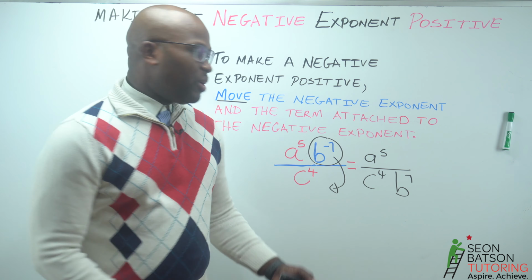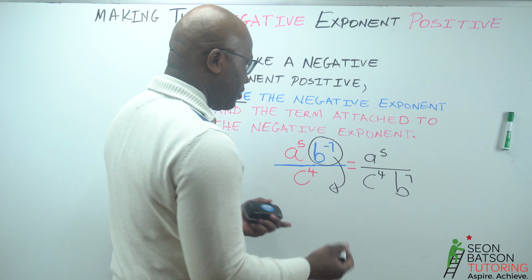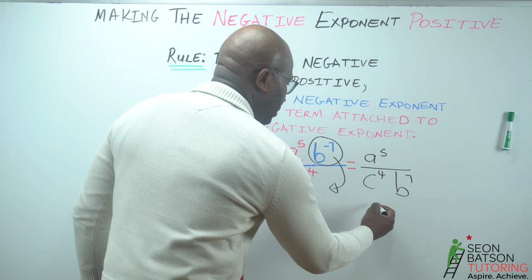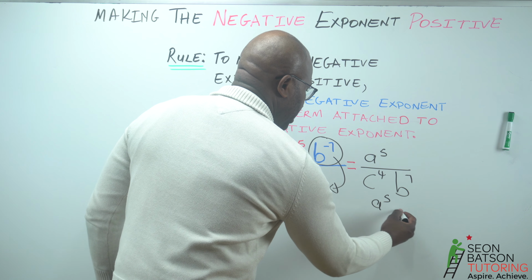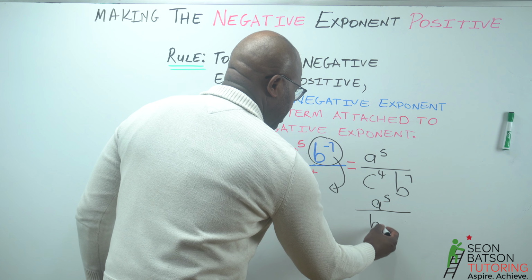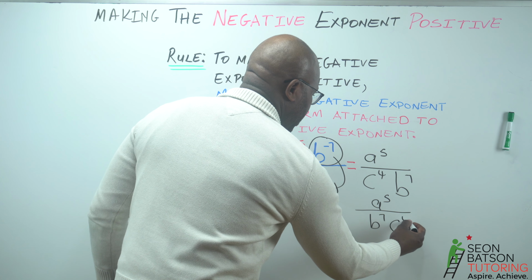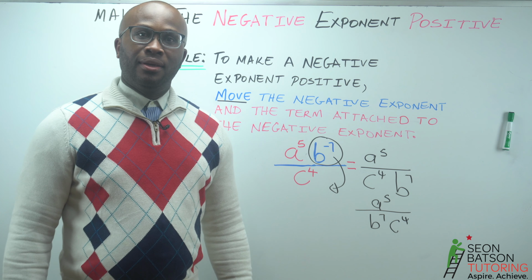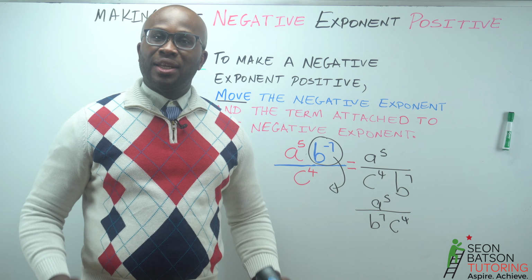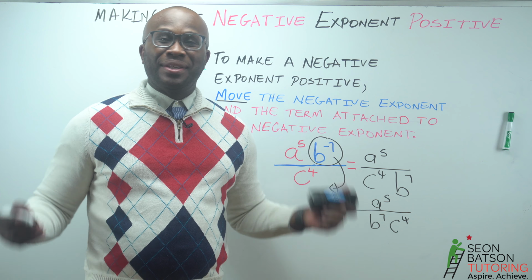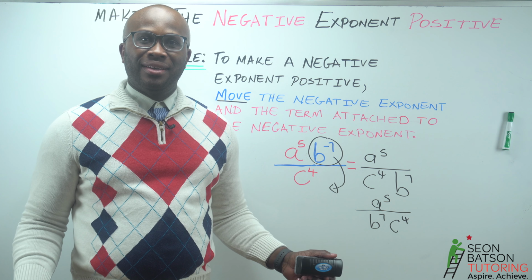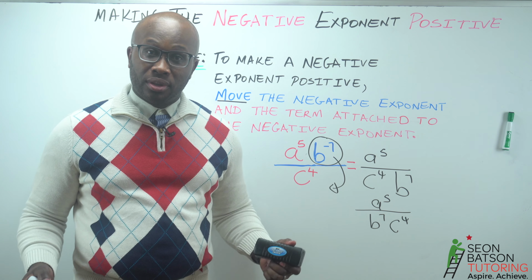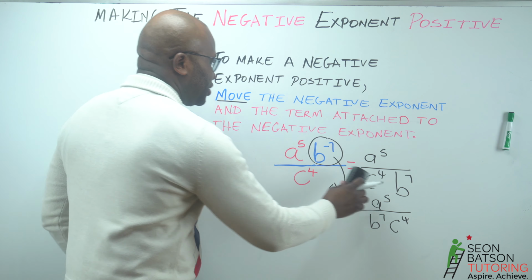That's it. Now if you want to, you can put your variables in alphabetical order. So you have a to the 5th power in the numerator and b to the 7th power, c to the 4th power in the denominator. It's just a move that is required to get the negative exponent positive. This is the simplest approach, I can guarantee you. Let's try another one.